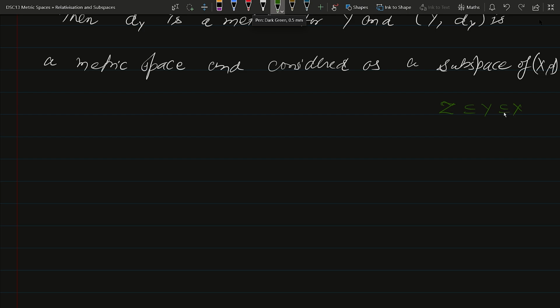So we required some extra condition for both Y and X for the relativization, that is कि अगर Z Y में closed है then this will imply that this Z is closed in X also with those conditions. Okay, and if Z is open in Y, then with those conditions that Z will be open in X too.